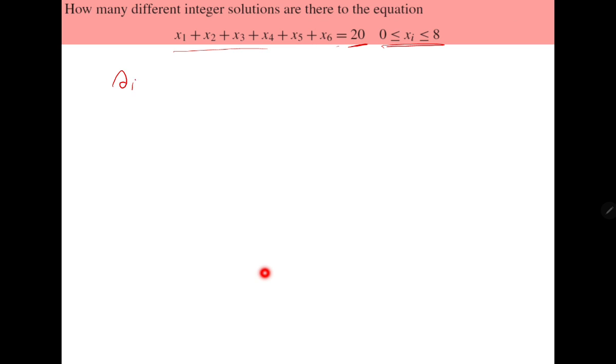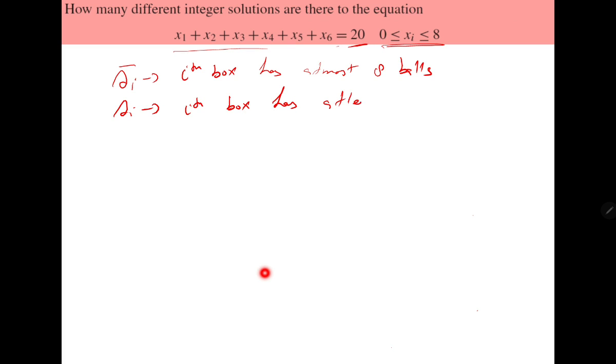So my ai bar is the ith box has at most 8 balls. It means ai is the ith box has at least 9 balls. And all the balls are identical.